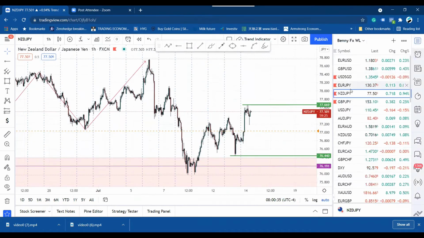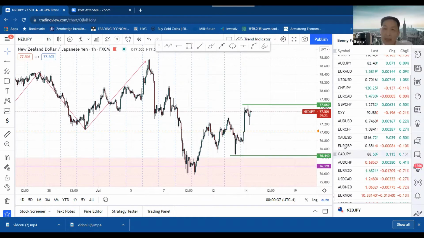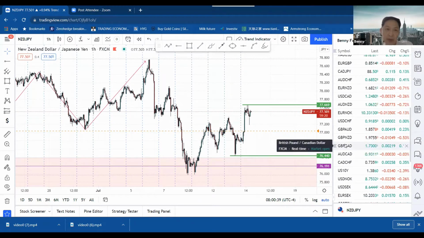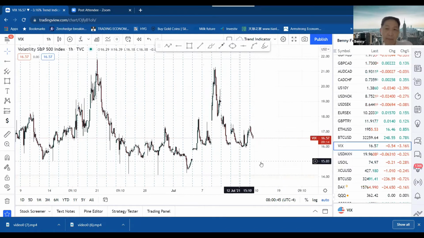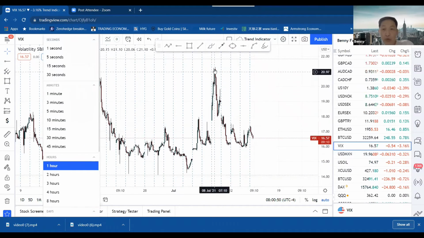Yes, Ben. Okay. Now, I'm bullish on the yen cross because, as you can see, the VIX is 16.5. It spiked to 21, and then it backed down to 16.